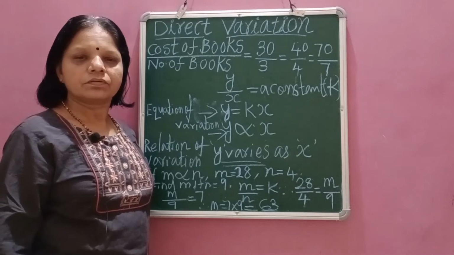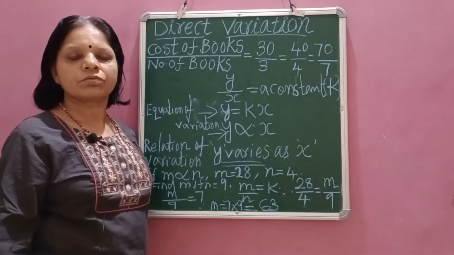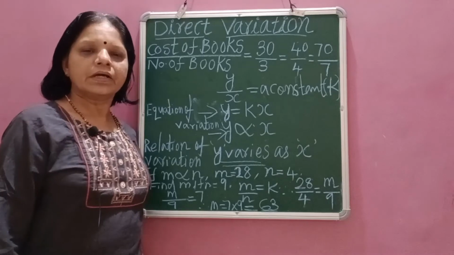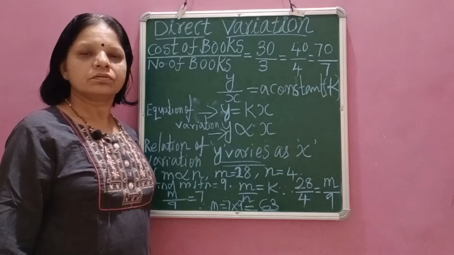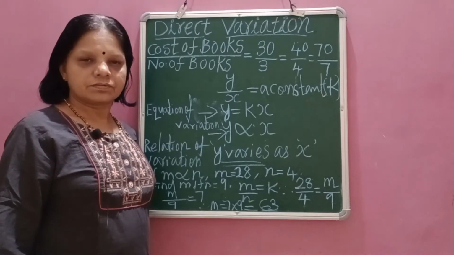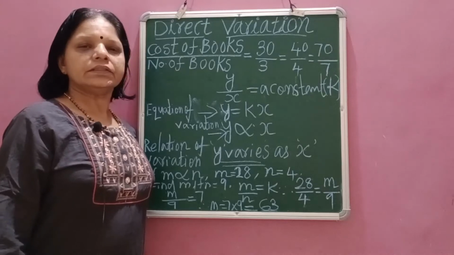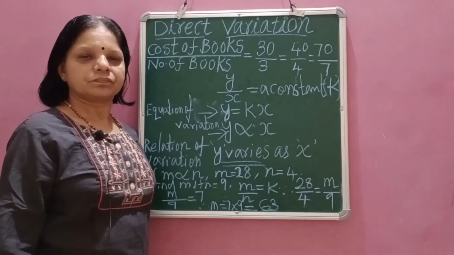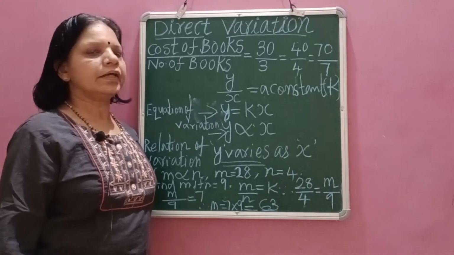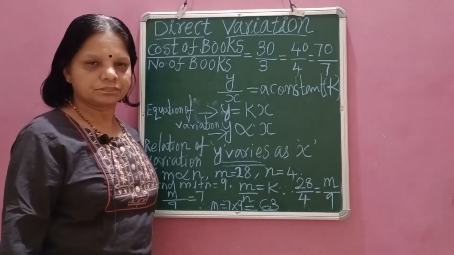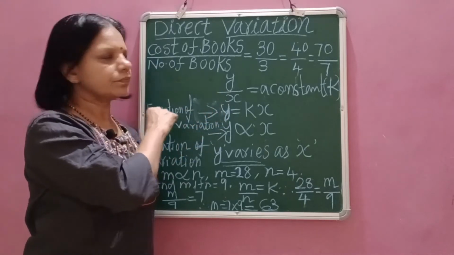And also the example I told in the case of square, if you increase the side of the square, area also increases. So the change in the same order is said to be direct variation.